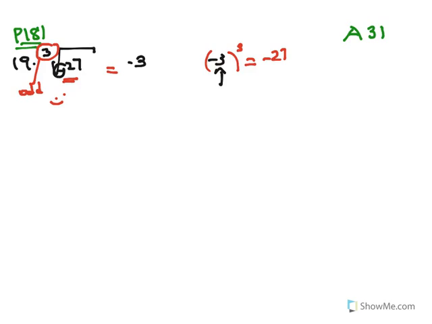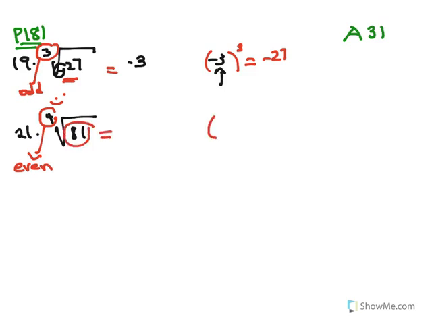Okay? All right, let's go with problem number 21. In problem number 21, I'm talking about the fourth root of 81. Now, this number right here is even. Yes? So in this case, this number has to be positive, and it is.